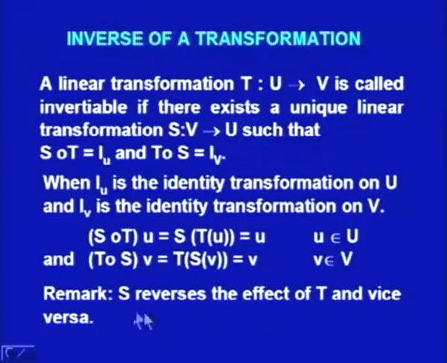Now, one can see that S reverses the effect of T and vice versa. One can notice that u under this transformation goes to T u, but S will take it back to u itself. So, S reverses the effect of T. Here also v becomes S v under the transformation S and T will take it back again to v. So, we can say that S reverses the effect of T and vice versa.